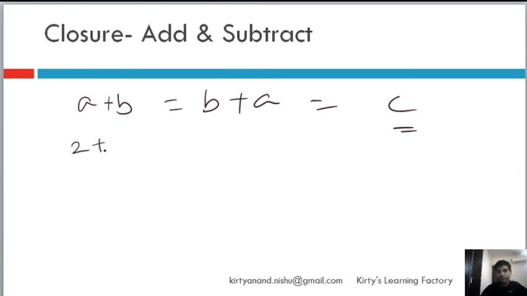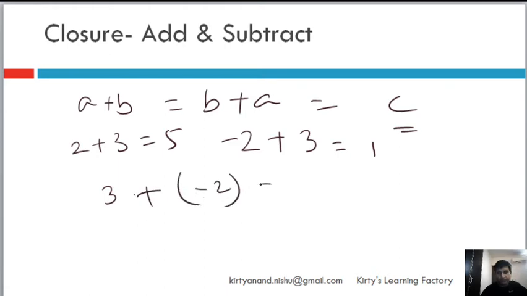Let's say 2 plus 3, 5, we get an integer. Minus 2 plus 3, we get 1, also an integer. 3 plus minus 2, 1, also an integer. You can make it minus 20, then it will become minus 18, also an integer. So either you get a positive integer or a negative integer, but you will get an integer. So yes, the closure property works.